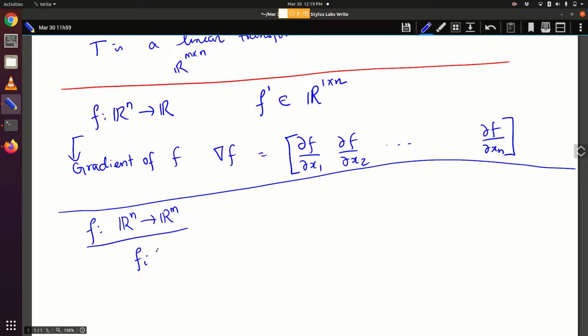The ith component is a function from Rn to R. I am only looking at the ith component of this vector. How many components will it have? i takes values from 1 to m. So what is the gradient of fi?